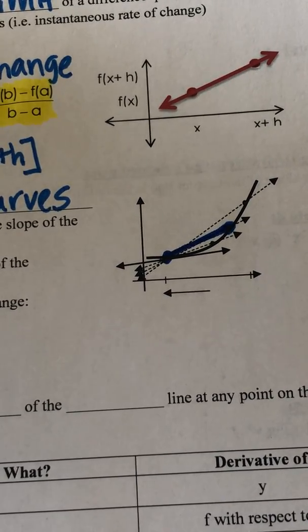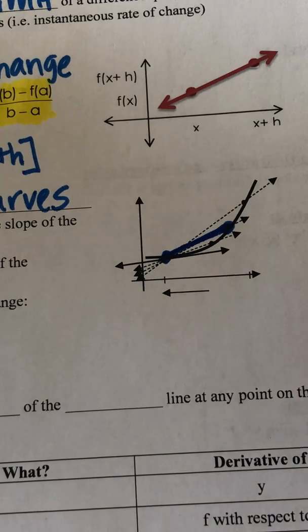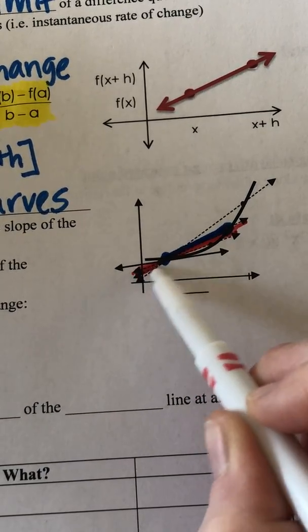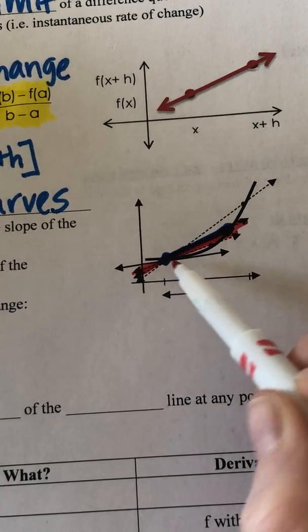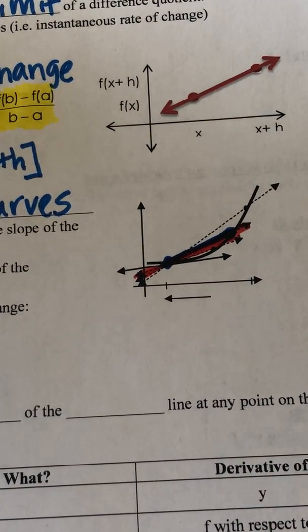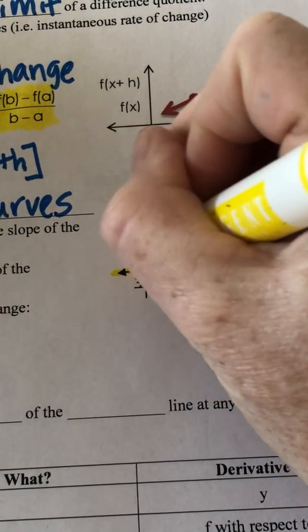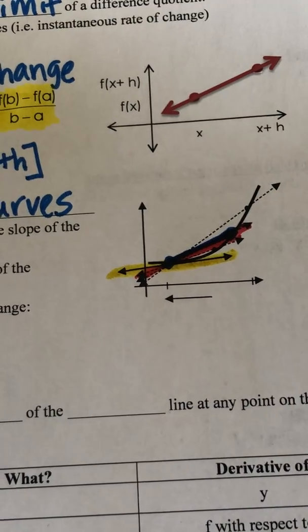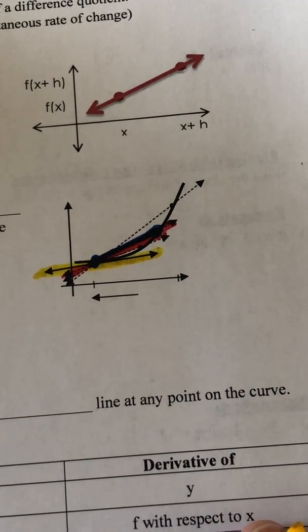And so when you're taking the limit, you're really looking at h getting closer and closer and closer to 0, and then eventually we'll learn how to find the rate of the tangent line, which is the best approximation to the curve, okay?